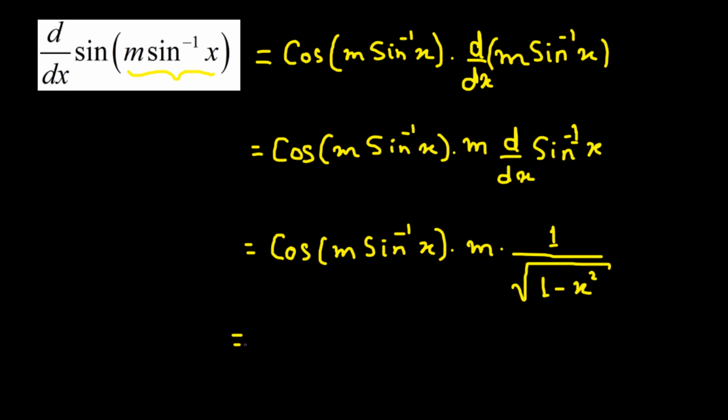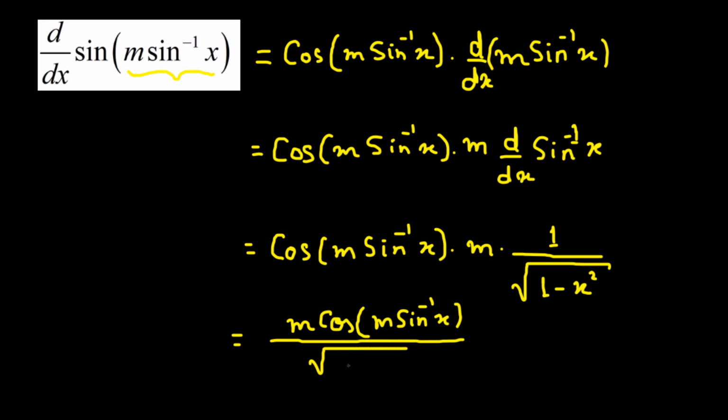So that gives us m times cosine of m times sine inverse of x divided by the square root of 1 minus x squared. So this is the derivative of the given function.